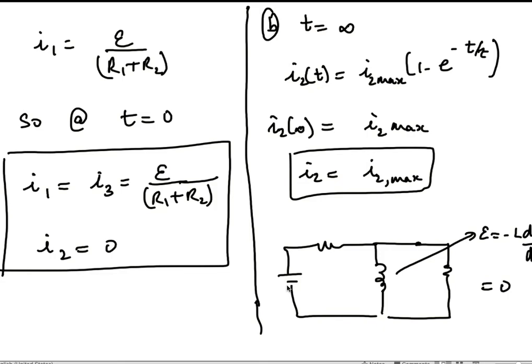Since this is 0, there's no voltage across here, and this arm doesn't see any voltage, and that implies I3 is 0. And that implies I1 equal to I2.